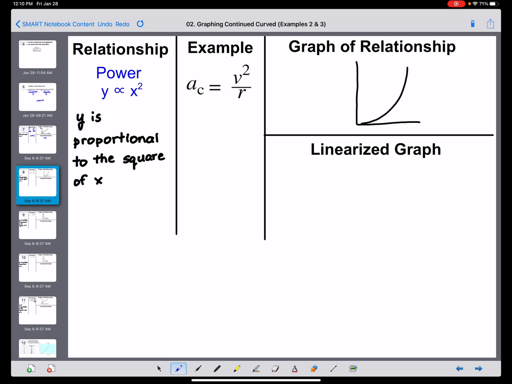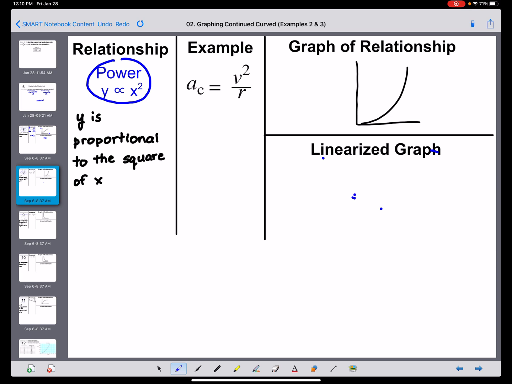Okay, next we're going to look at a power relationship. So this time we're going to have one variable being proportional to another variable, but the second variable is going to be squared. So I could read this as y is proportional to the square of x. So let's say I want to look at the relationship between speed, which is v here, and a, which is acceleration.